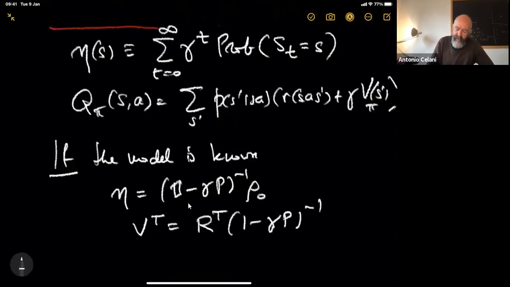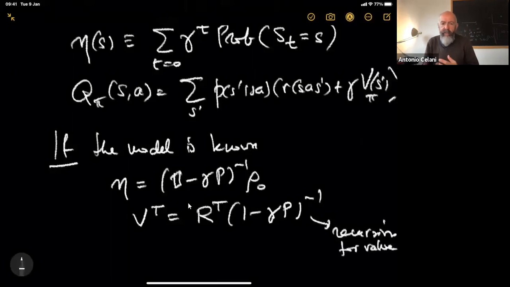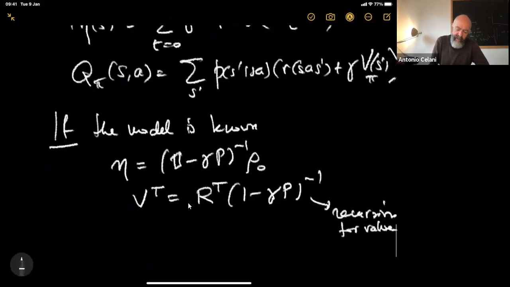This is just the usual recursion formula for value. So these two are linear operations. It might be a little bit cumbersome because there's an inversion, but you can use any technique from linear algebra to solve these two equations. And then the gradient of pi, this is always known.